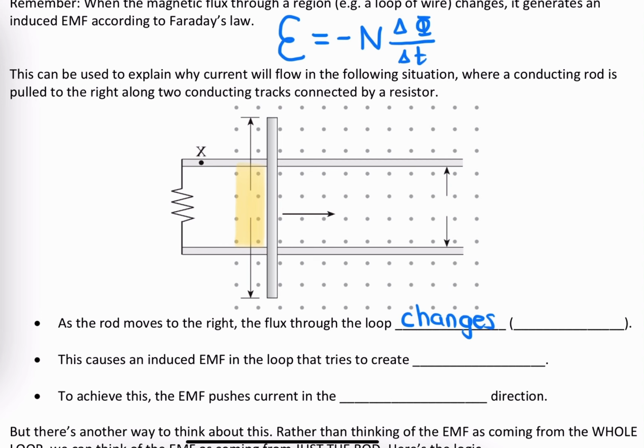Remember, I like to think about flux sometimes as the number of magnetic field lines. But as that rod moves to the right, these dots here will also be part of that loop. And then eventually these dots here will be part of that loop. So the magnetic flux is changing. I'm getting more and more magnetic flux. Or another way we can say it is I'm getting more dots.